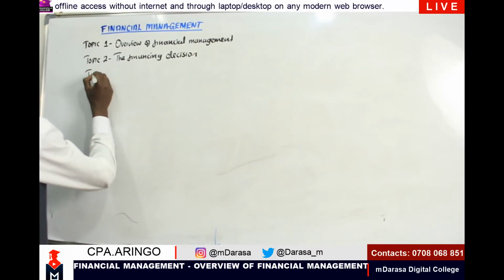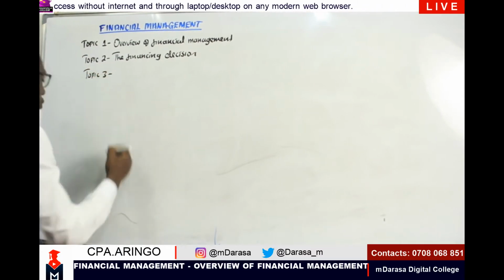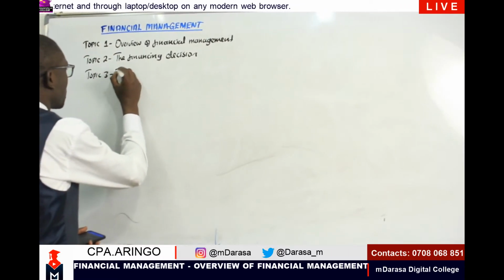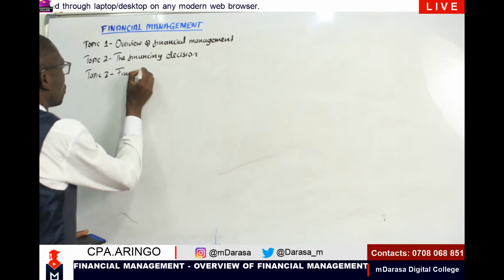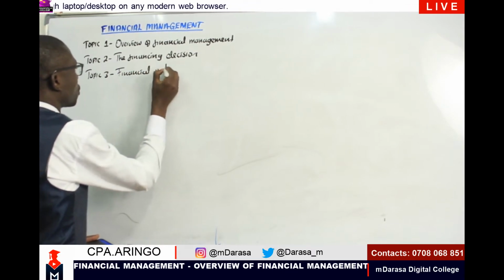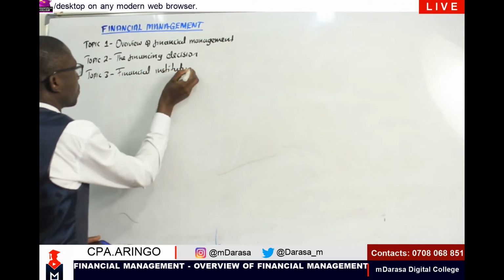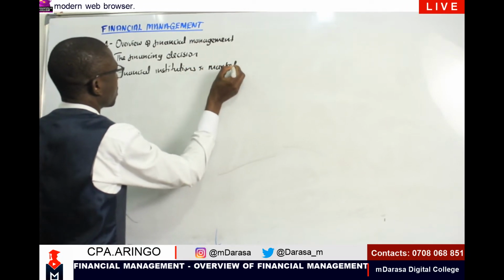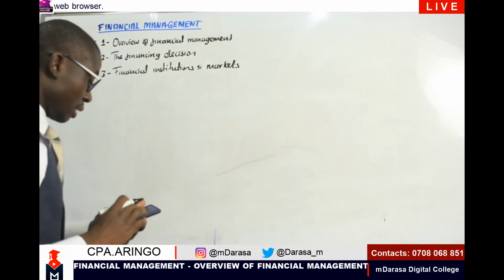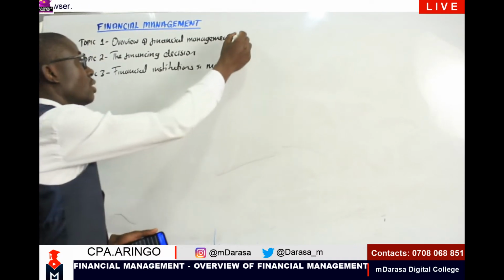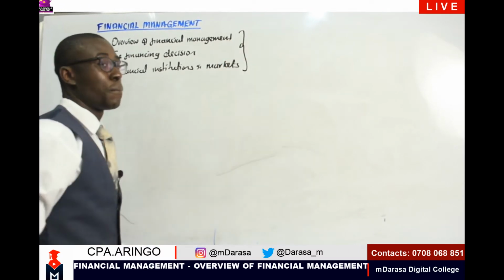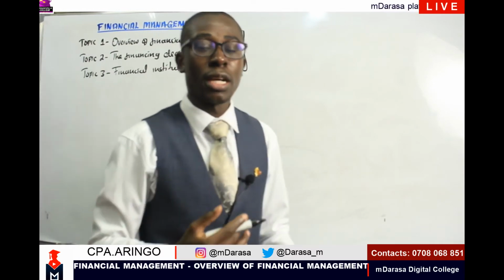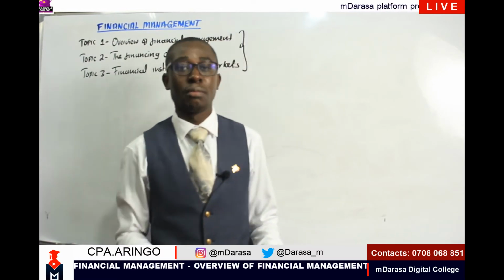Topic number 3 will be the aspect to do with financial institutions and markets. So you'll find that these are very key, and the first 3 topics, ideally, are purely theoretical, just a matter of introducing us to financial management.